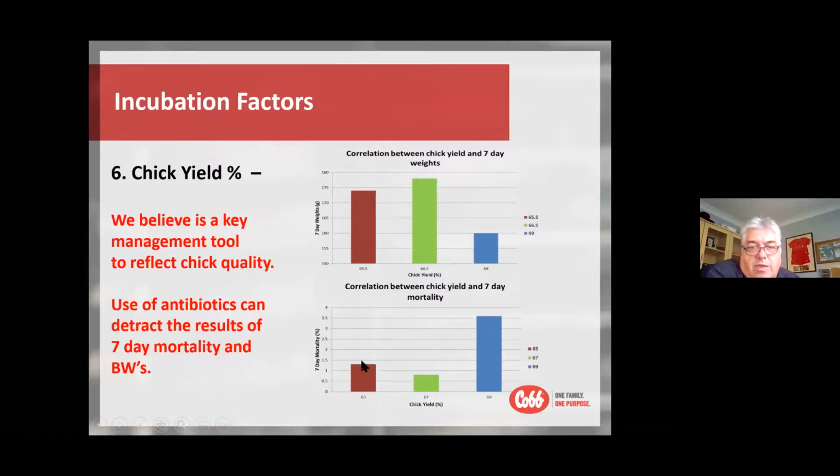And in 7-day mortality, the high chick yield gave us the most adverse mortality levels. The optimum of 67% gave us the best, and even the high temperature, which gave the lowest chick yield, was still a bit higher, but much better than the late hatching chicks.